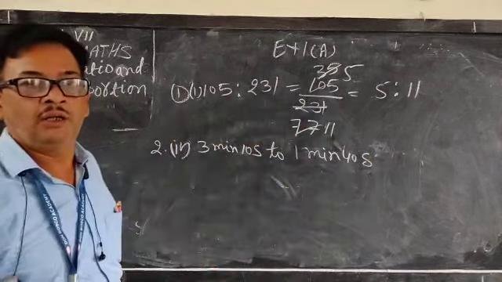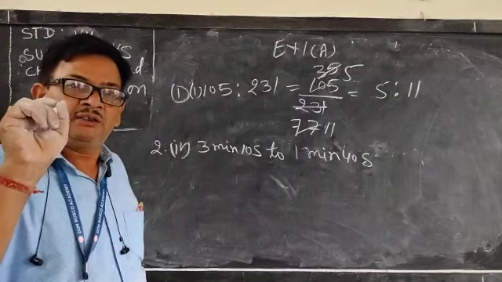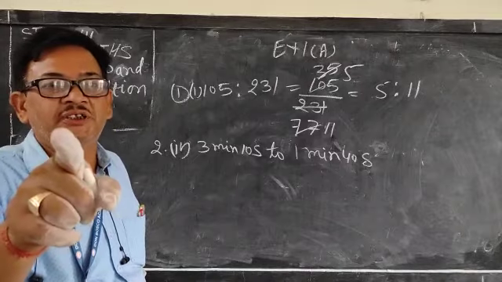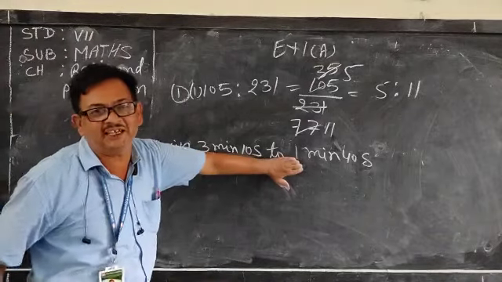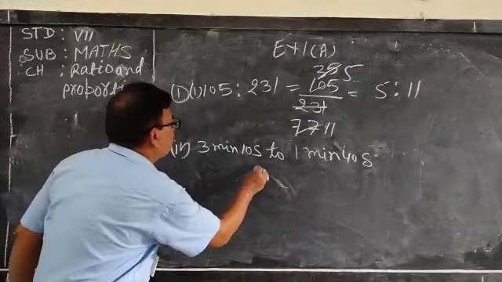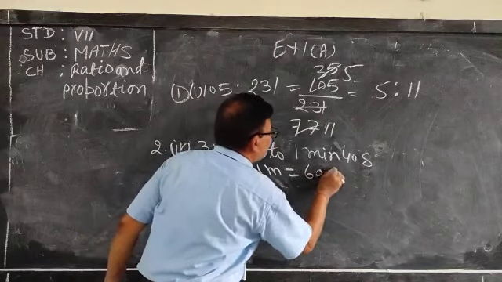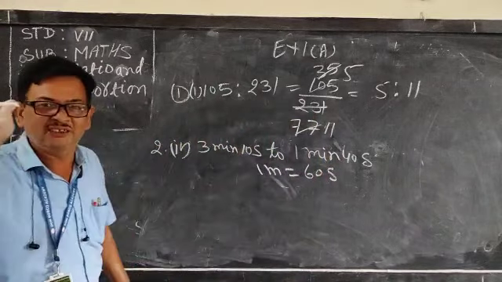Dear children, first you must know, I have given instruction: try to change into the same unit. Here minutes and seconds are there, and here also minutes and seconds. You have studied 1 minute is equal to 60 seconds.